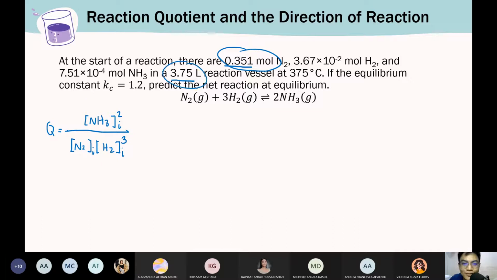So yun lang yung hinahanap ko earlier. You just need to divide the mole of your substances, your N2, your H2, and your NH3, so that you can get the molarity.